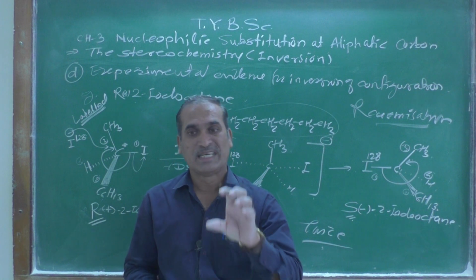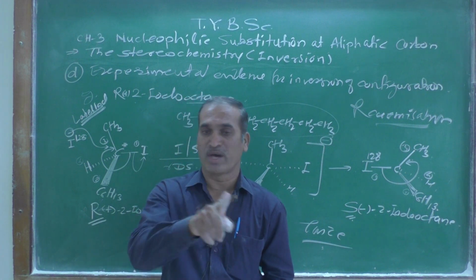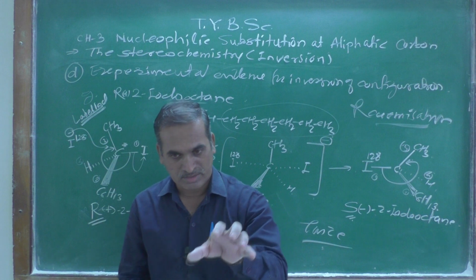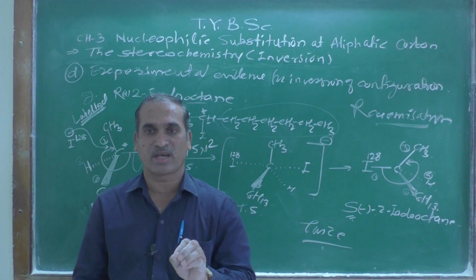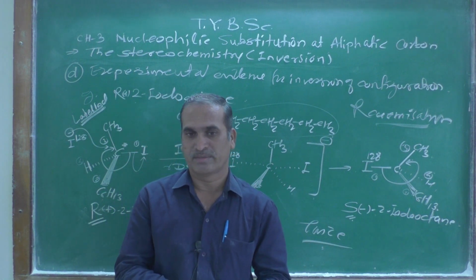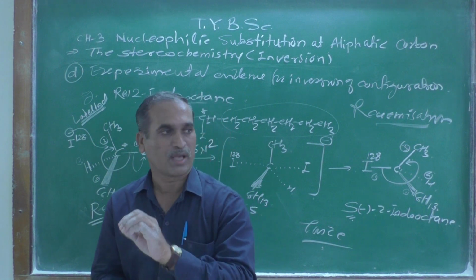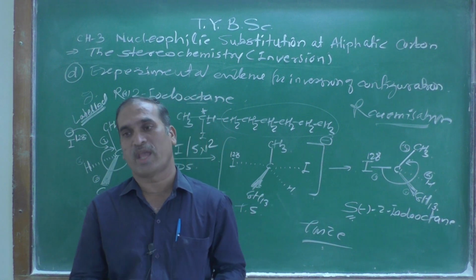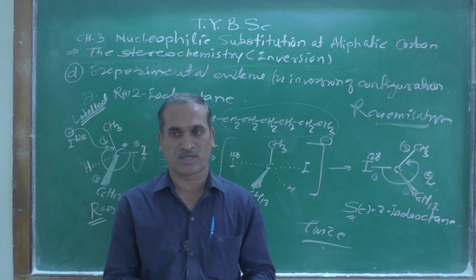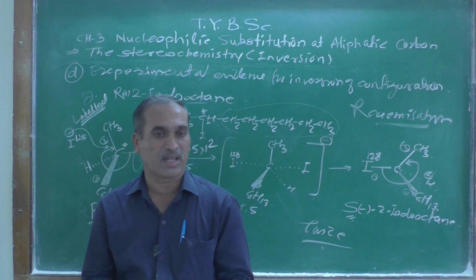Tomorrow we will learn the SN1 mechanism, the SN1 reaction, and what type it is. In an SN2 reaction it is a single step reaction. It is a concerted reaction.